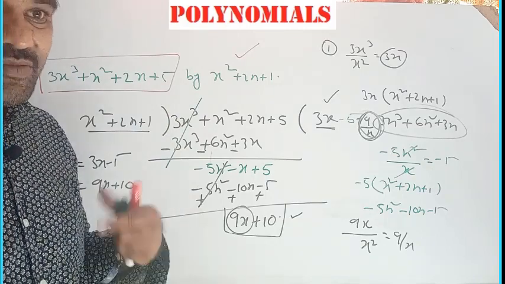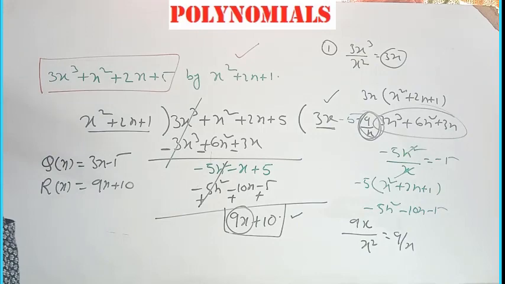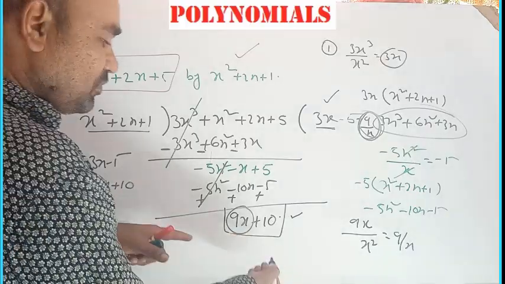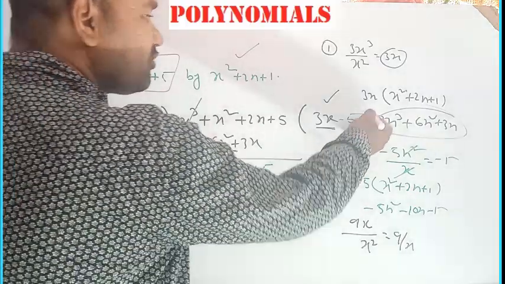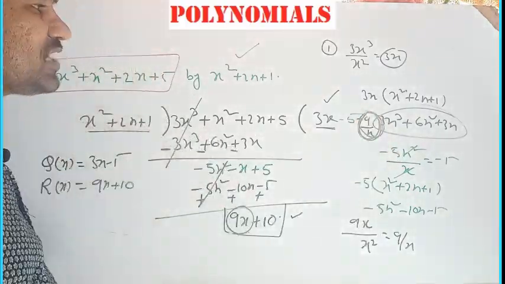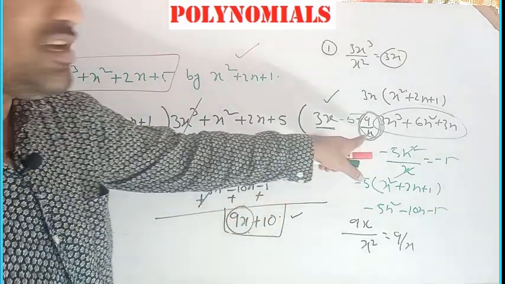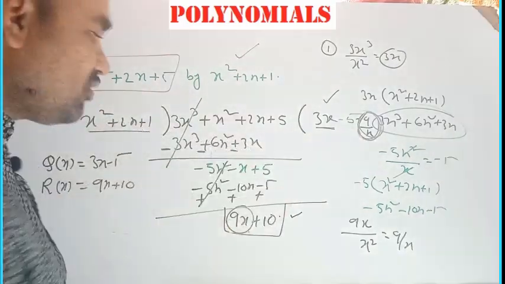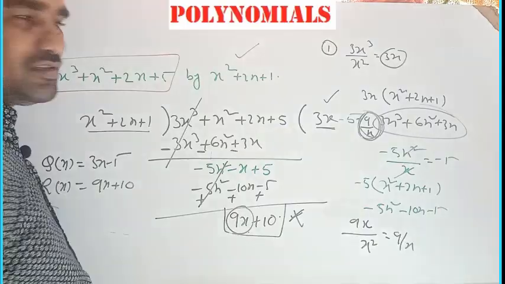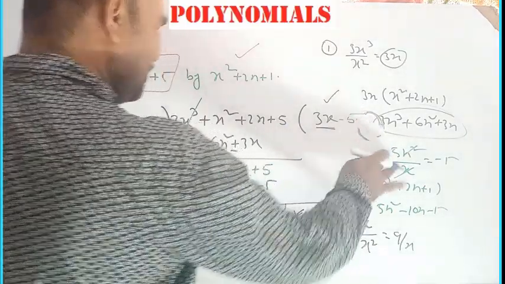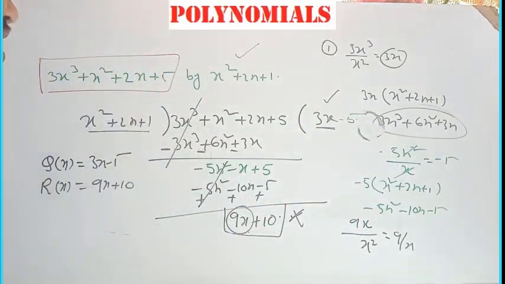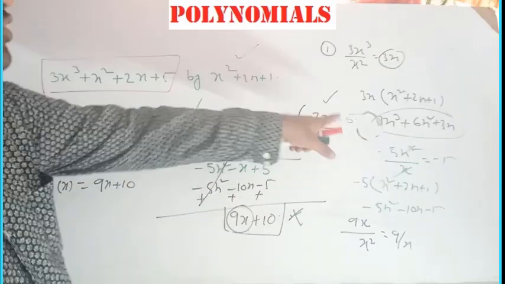Division of polynomials means your quotient should be a polynomial, your remainder should be a polynomial, everything should be a polynomial. If you move one more step, you get another term of the quotient as 9 by x, which is not a polynomial. That's why here only we need to stop. So now I can say that 9x plus 10 is the remainder and 3x minus 5 the quotient.